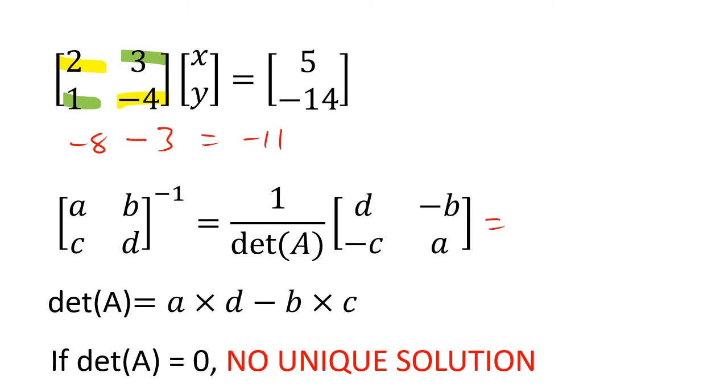So if we put that in, you've got 1 over -11, and you can put the negative at the front. And then D and A swap, so -4, 2, and -B, -C. That's the actual complete answer for the inverse.